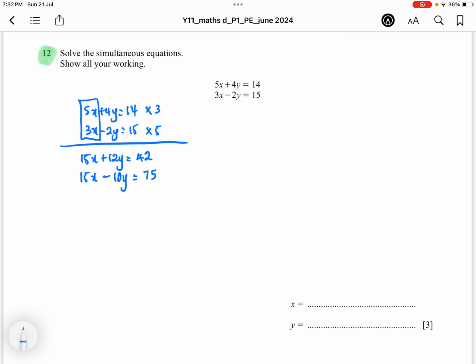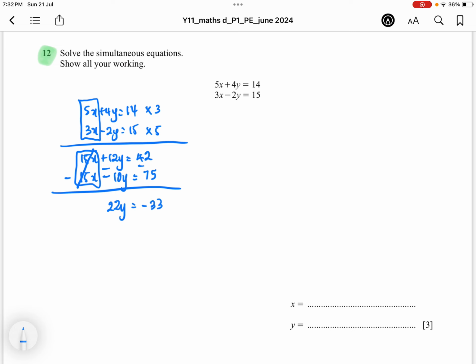So in order for us to remove 15x, we subtract, because 15x minus 15x is equal to 0. So we'll do the same thing with the remaining terms. 15x minus 15x equal to 0. 12 minus minus 10, that means 12 plus 10, which gives 22y, and 42 minus 75 would give me negative 33.